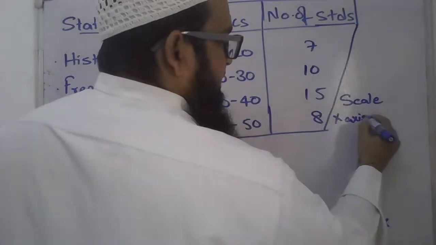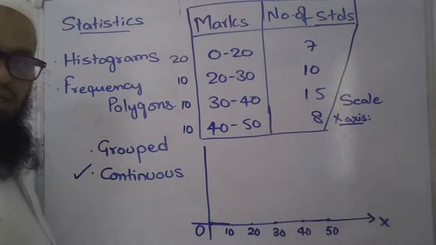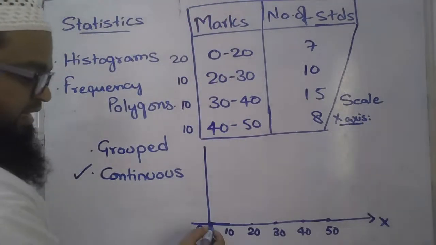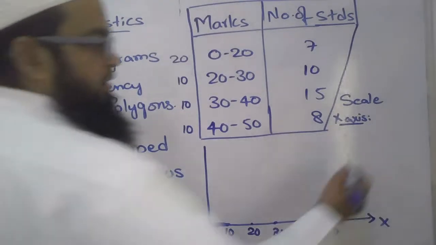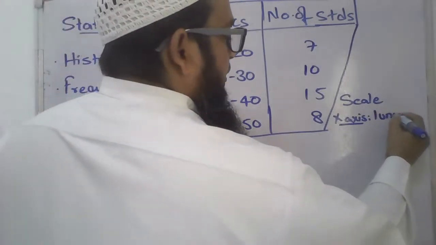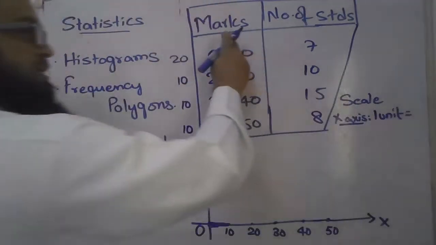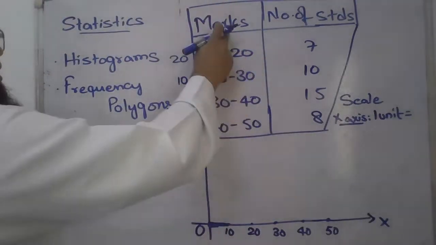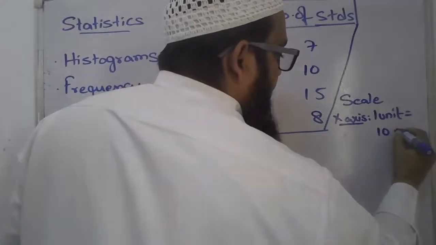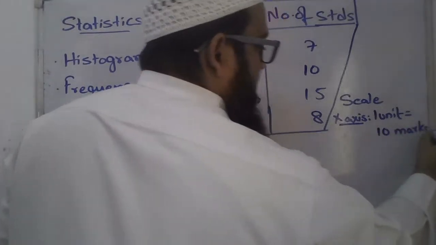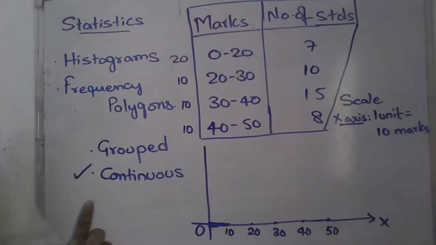So what is the scale on the x-axis? The scale on the x-axis is 1 unit equals how much you have taken? 10. It is marks. So you have to take 1 unit equal to 10 marks. Is it clear? This is very, very important.